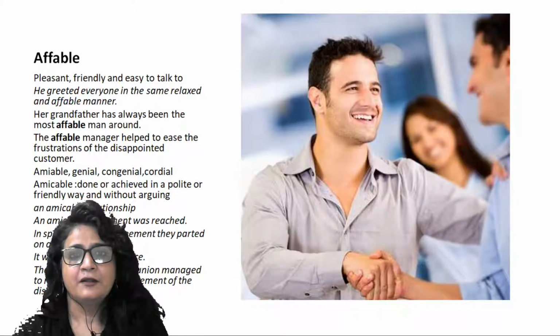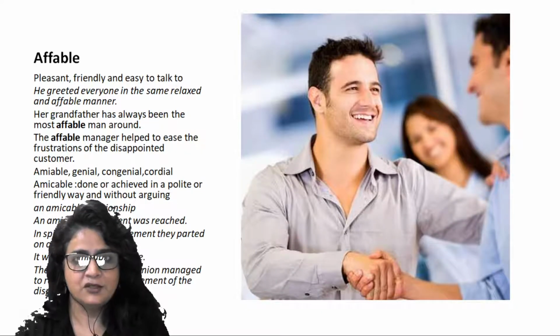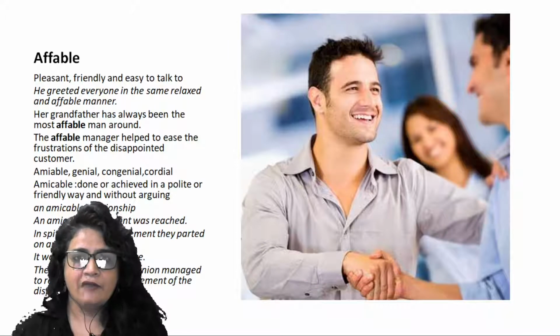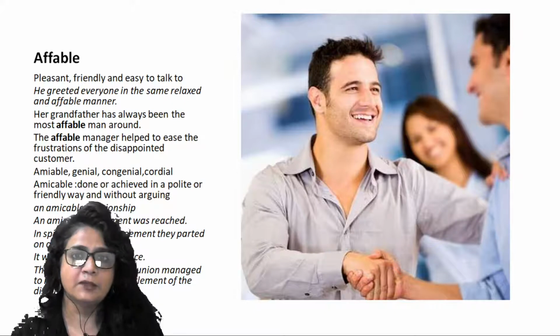You see a pleasant looking man, right? With a beautiful smile, shaking hands, having a very friendly demeanor, having positive vibes, right? So people see him as a person who is easy to approach, who is very likable, who is very agreeable, right?